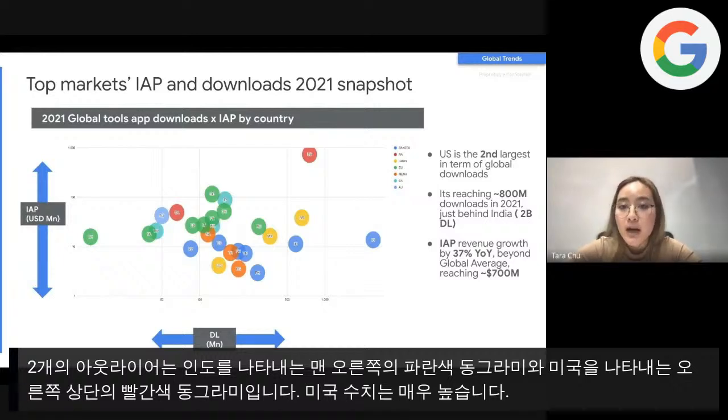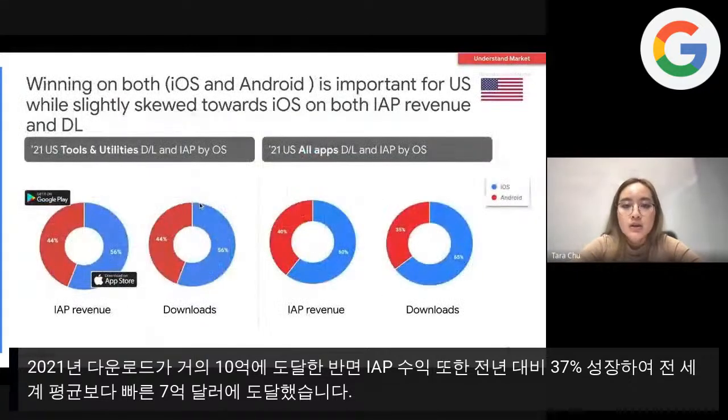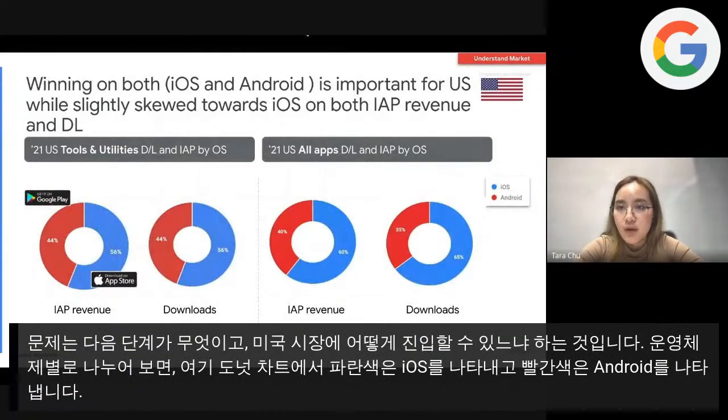And at the same time, revenue growth is 37% year on year, way beyond the global average, almost reaching 7 millions in total in 2021. Right, so headroom is there, opportunity is there. The question is, what's next for us and how can we enter?